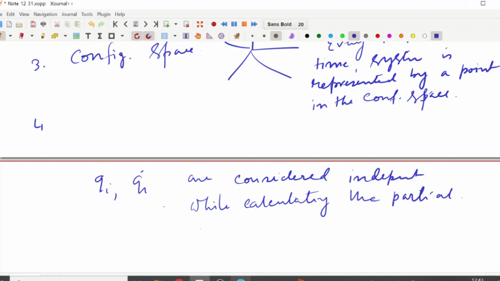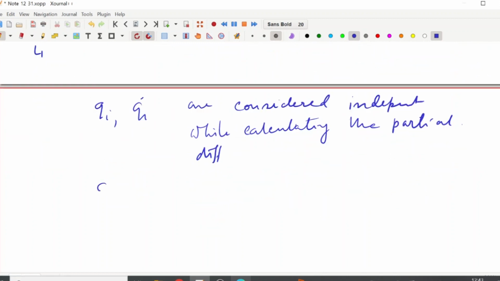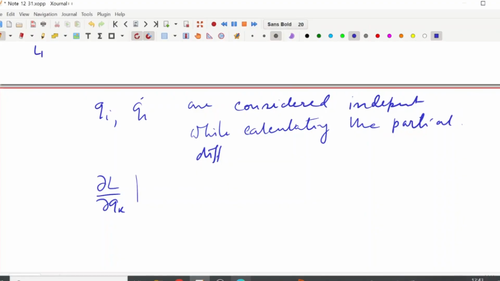When we consider del L del q_k, suppose I am differentiating the Lagrangian with respect to the variable q_k. In this partial differentiation, we consider the other q_j for all j not equal to k, and q_j dot for all j, as independent.